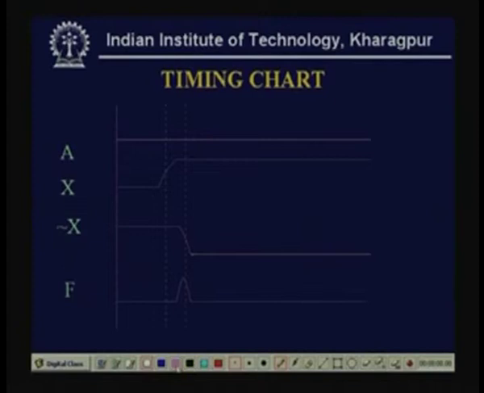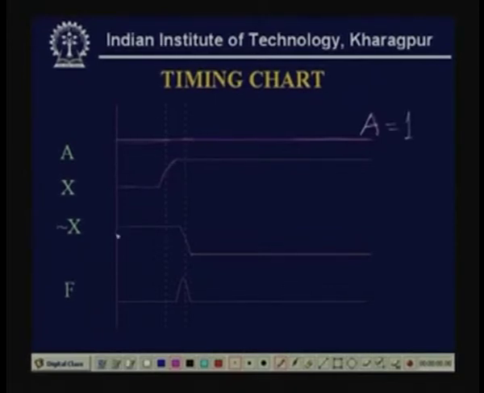see, first again I am taking that my A is high, this is my A equal to 1. Now, say this X, initially X is 0 and now it is becoming 1. So, it is switching X equal to 0 to 1.